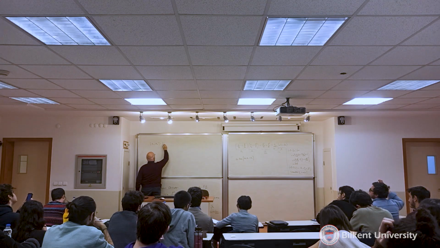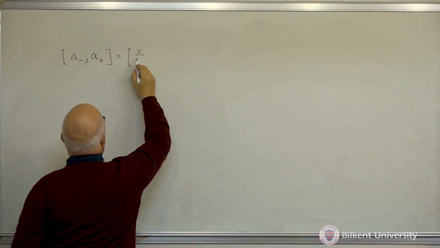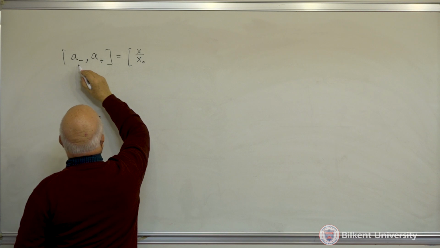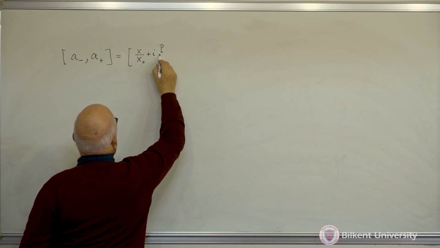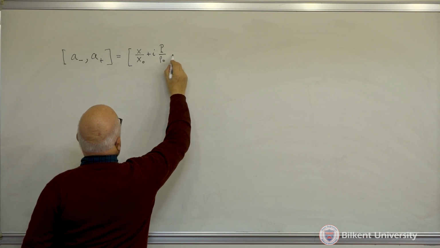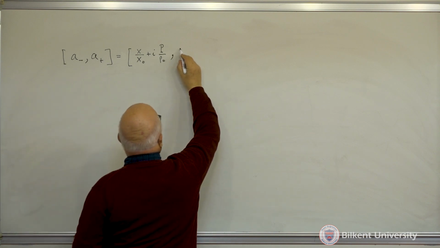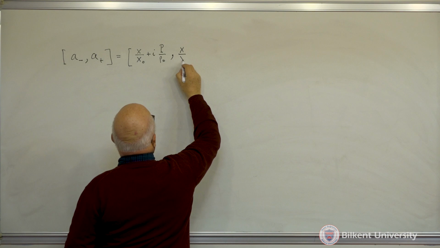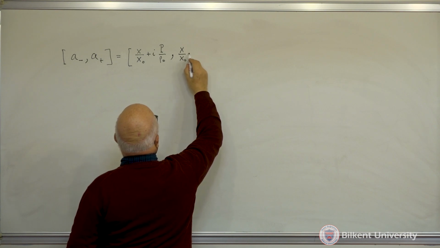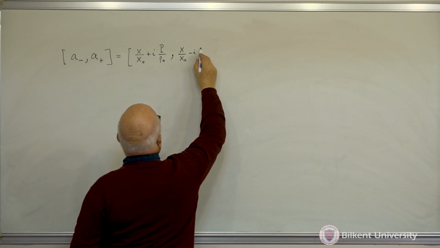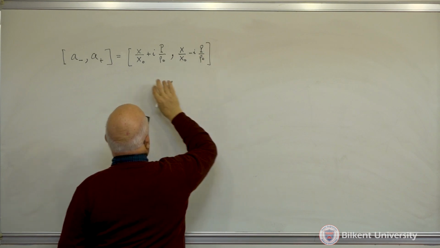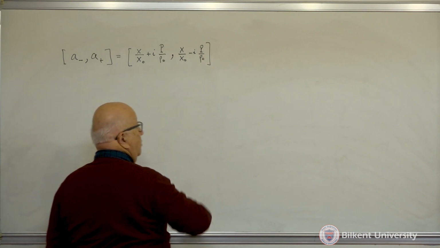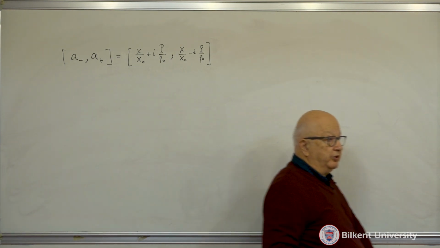So I'm going to get x over x0, a minus, so it comes with the plus sign, plus i p over p0, commutator with x over x0 minus i p over p0. So I have one term commutator with the other, yes.